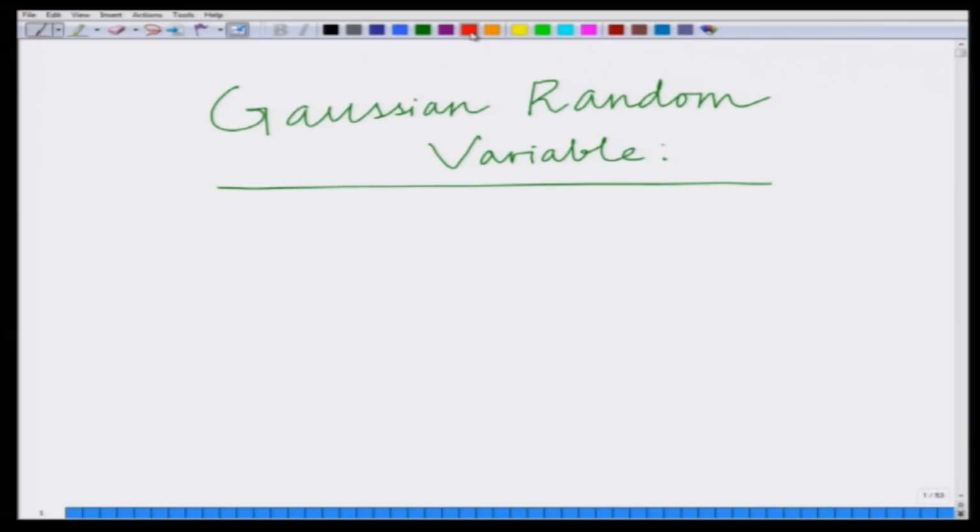All right. So the Gaussian random variable, which is also known as the normal random variable, and its probability density function.